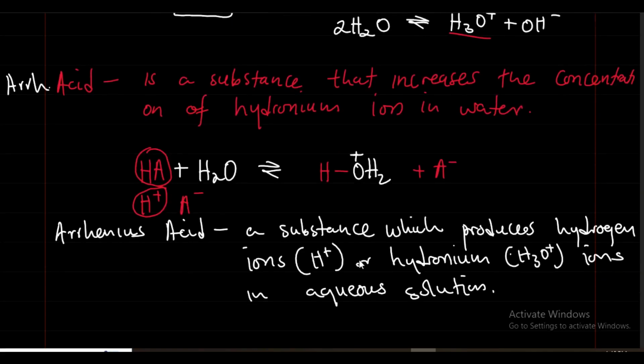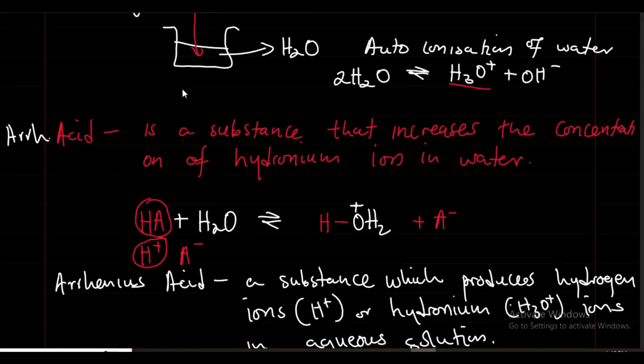So now what is the difference or similarities of this definition with what I've written above? Well, it's the same thing. If you check this definition that I've written in red, it says a substance that increases the concentration of hydronium ion in water.